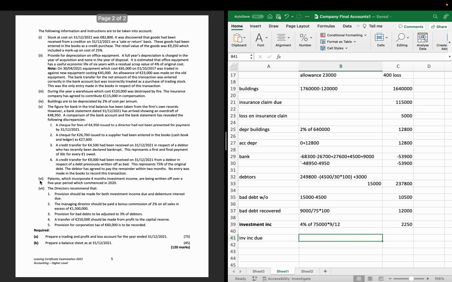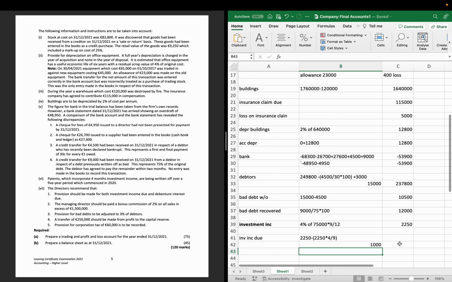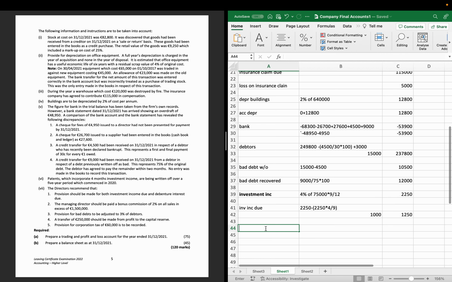We've received 4 months, I think. So we've received 4/9 of 2,250. So we've only got 9 months, and if we've received 4, it's 4 months. So we've received 1,000, so we're due to get 1,250.